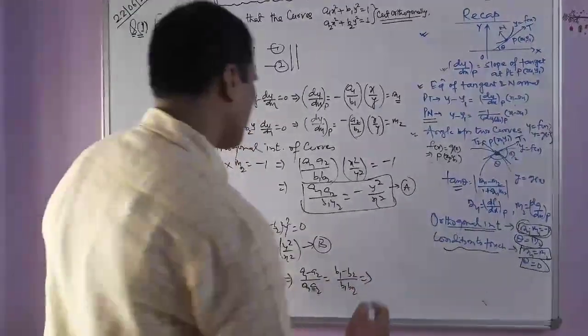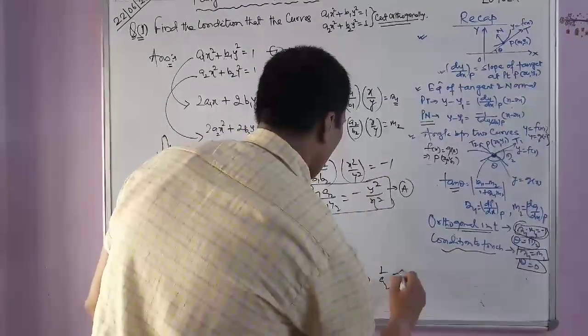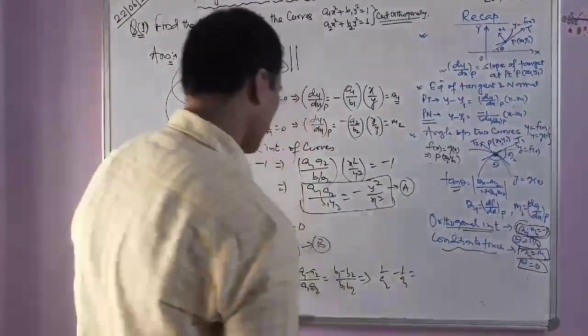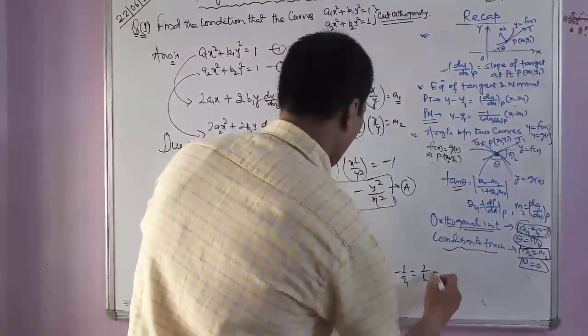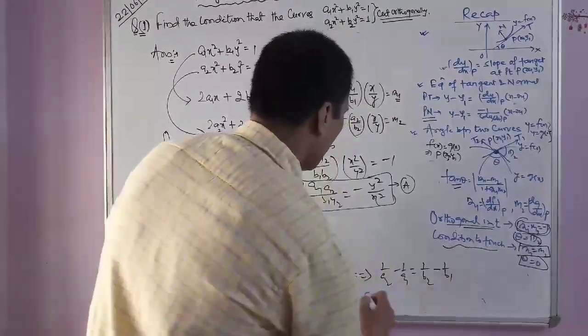This will give 1 by a2 minus 1 by a1 equal 1 by b2 minus 1 by b1.